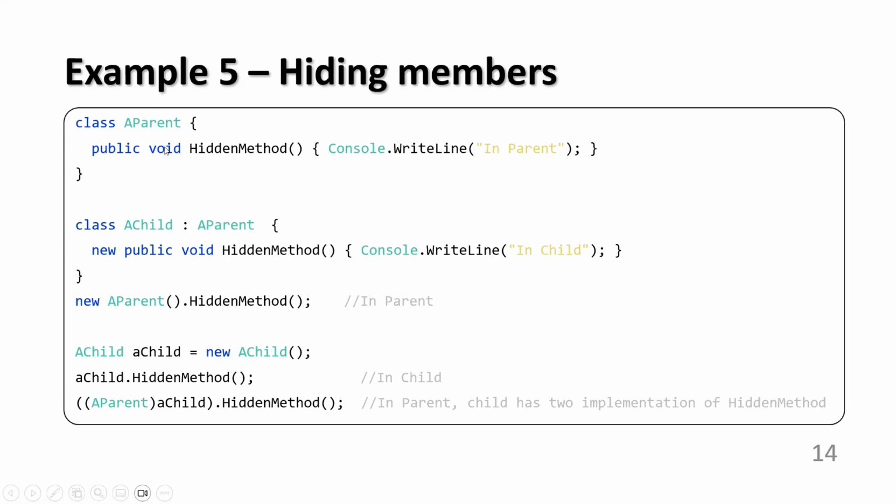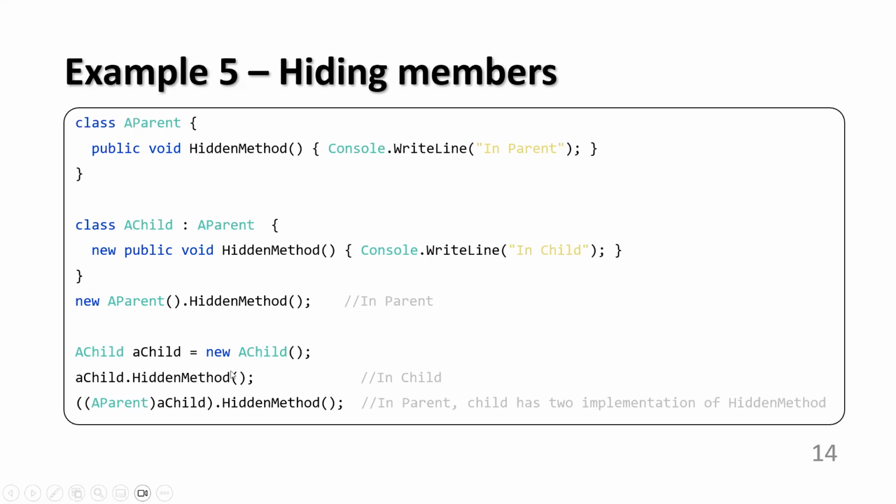Here, I didn't use virtual. I just set new public void with this name. Look at this one. If I say new a parent dot hidden method, which one is going to trigger? In parent, obvious.